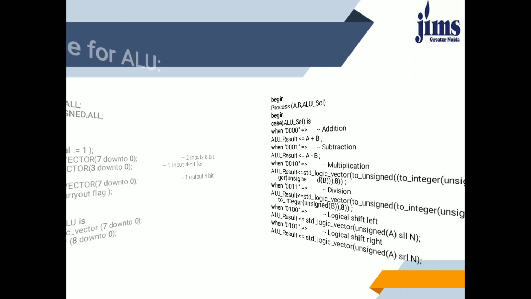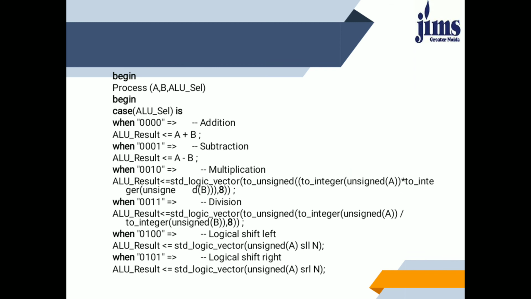So, to generate the output, we can use the case statement. In the case statement, what is the sensitivity list? The sensitivity list will be ALU underscore select. ALU underscore select is something which defines the operation we are working on, meaning whether we are doing addition, subtraction or multiplication.